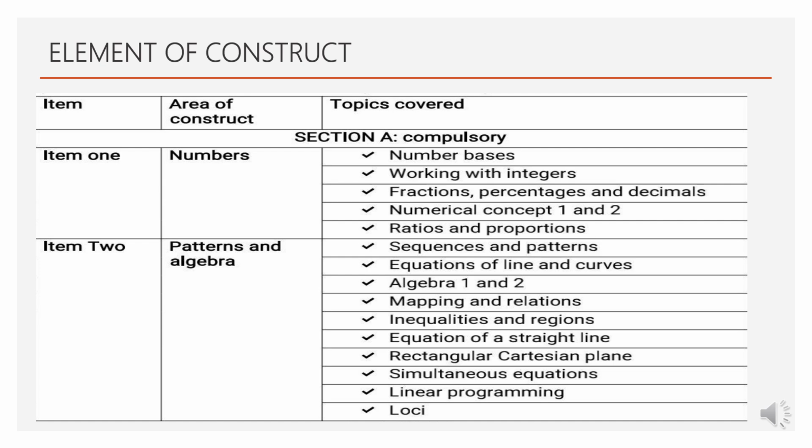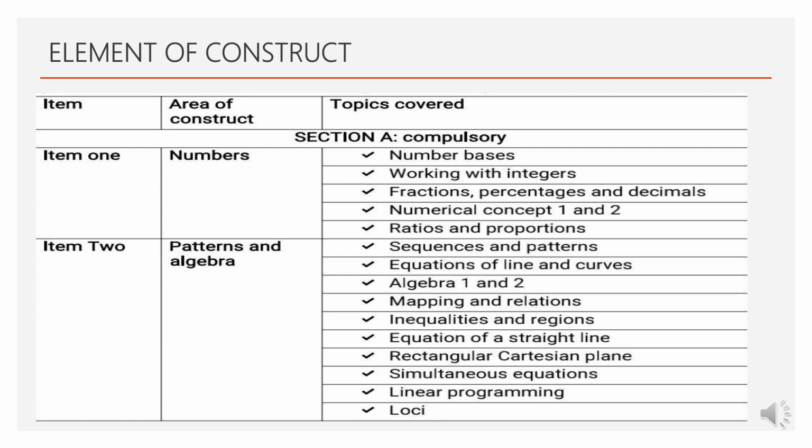Then the second item, that is item 2, and that will talk about patterns and algebra, and this will contain the following topics: the sequences and patterns, equations. Actually, sequences and patterns are taught in senior, some part of it senior 1 and some part of it senior 2, but typically senior 1, sequences and patterns, the number machine and all that.